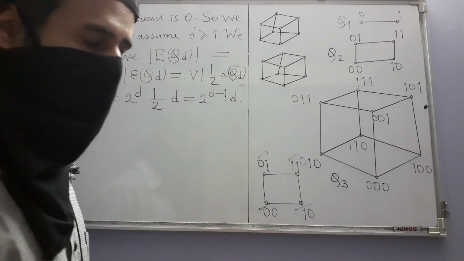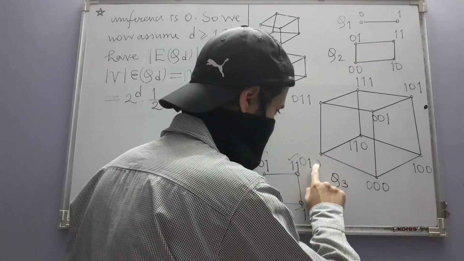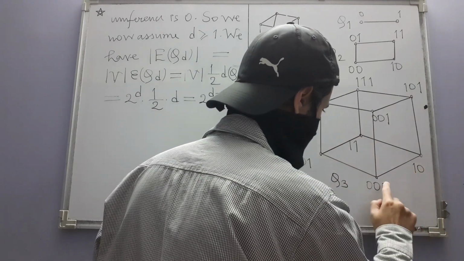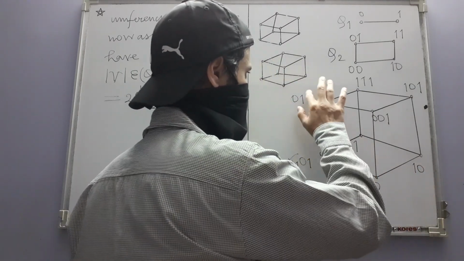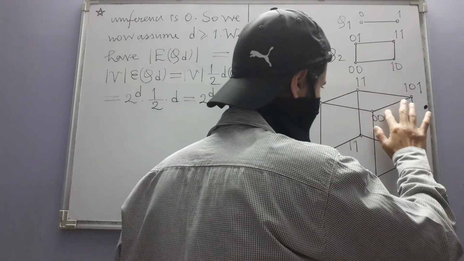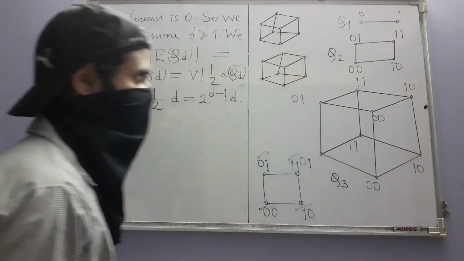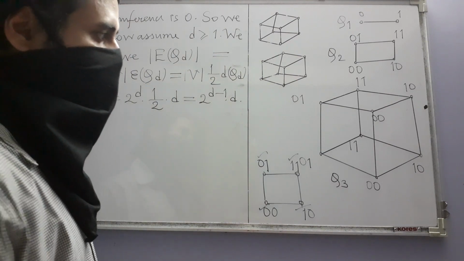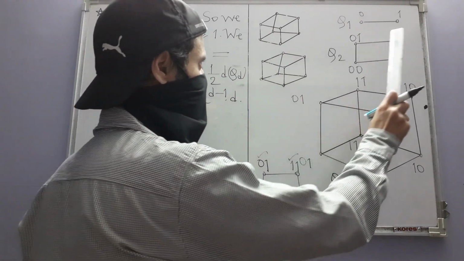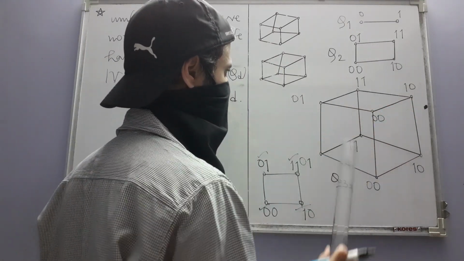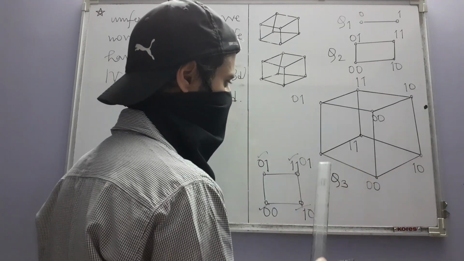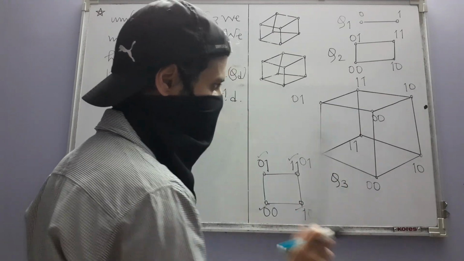Now, if for a moment you forget about these last digit zeros, and in the upper plane the last digit is 1, do you not see two copies of Q2? 0 1 1 1 1 0 0 0, 0 1 1 1 1 0 0 0, 0 1 1 1 1 0 0 0.